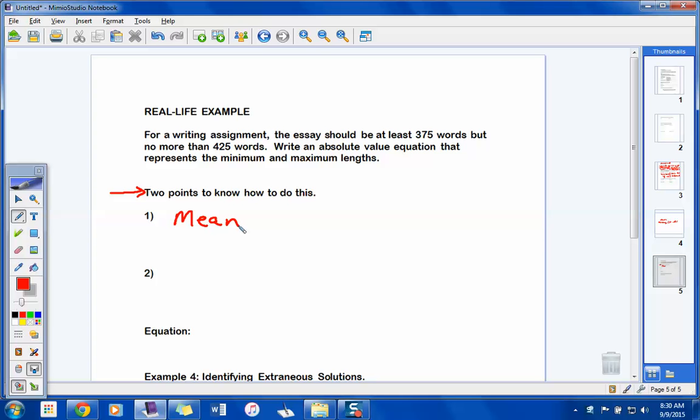And then secondly, the second thing you're going to need is to know how far is the mean from the endpoints?